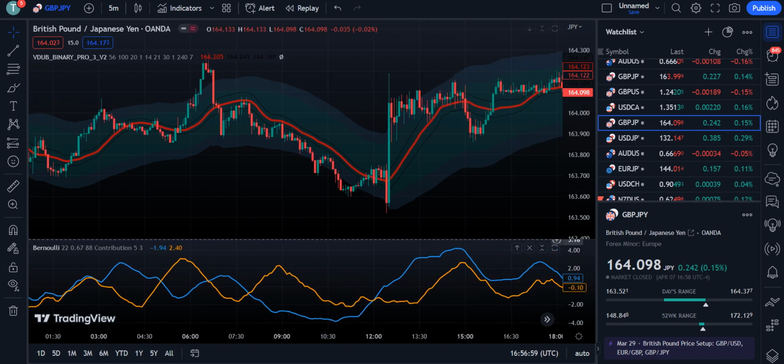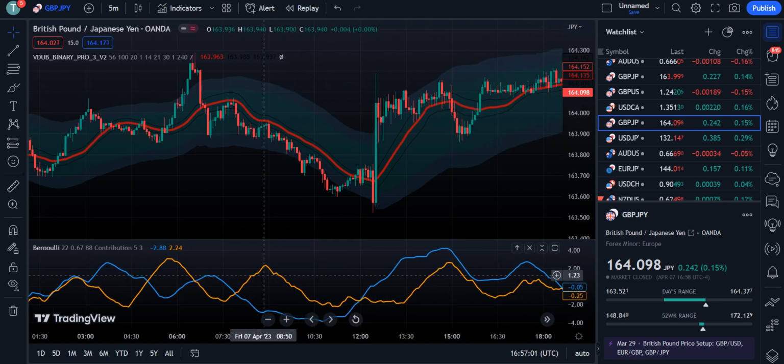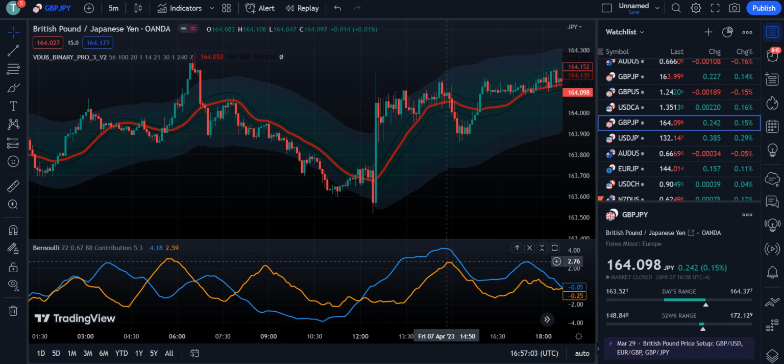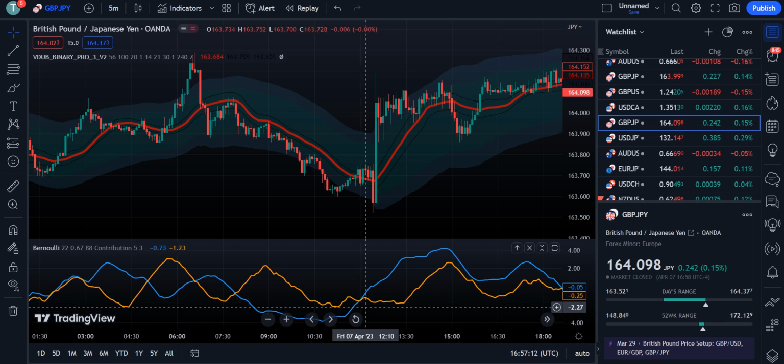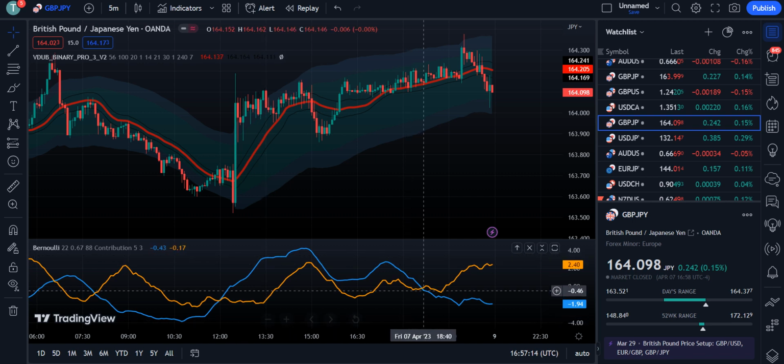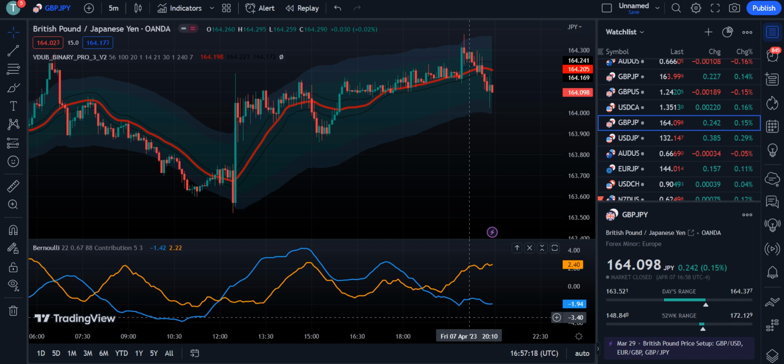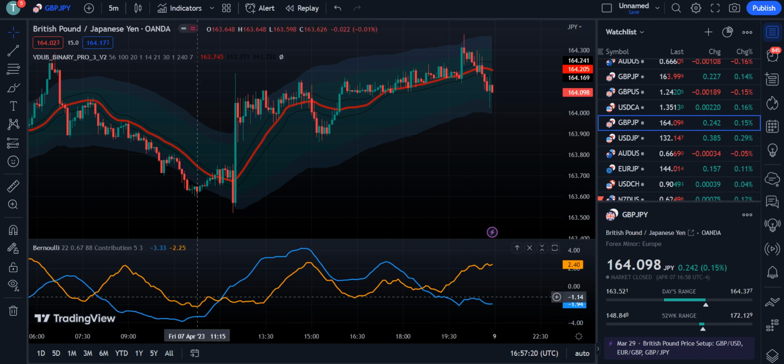Conversely, if our market has moved below, for example from here, let's see, our yellow color line has moved below this blue color line. It means that now we are in the downward trend, but first we have to see that this blue color line should be crossing over this yellow color line, so we will go into the bearish trend.